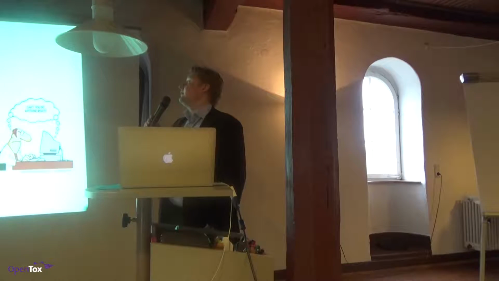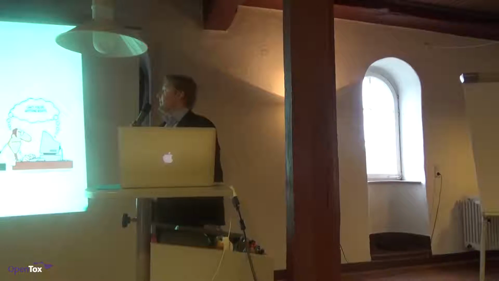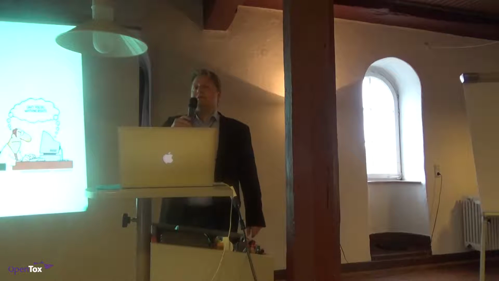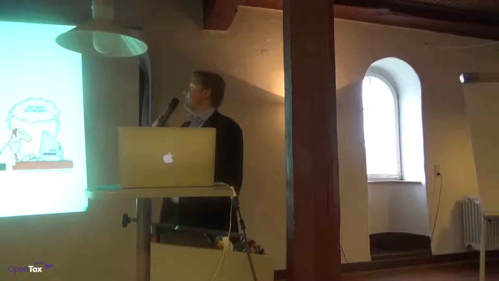And this is just a brief reminder of what we're doing when we're doing this analysis. So extracting biological information from omics data using statistical methods, and the simplest way to do this in a treatment control situation is to use a t-test, but there are several complications to this which we will get to briefly.